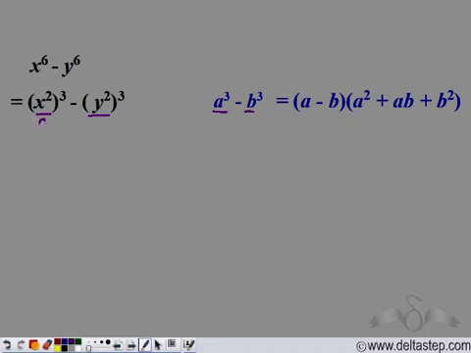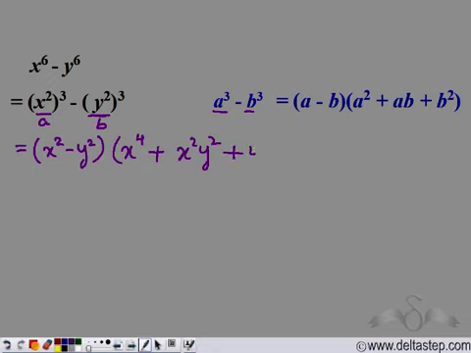So we consider x square to be a and y square to be b. Now we can apply this identity. So this gives us a minus b, that is x square minus y square, into a square. a square is x to the power 4 because that is x square whole square, plus ab is x square y square, plus b square is y square whole square, that is y to the power 4.